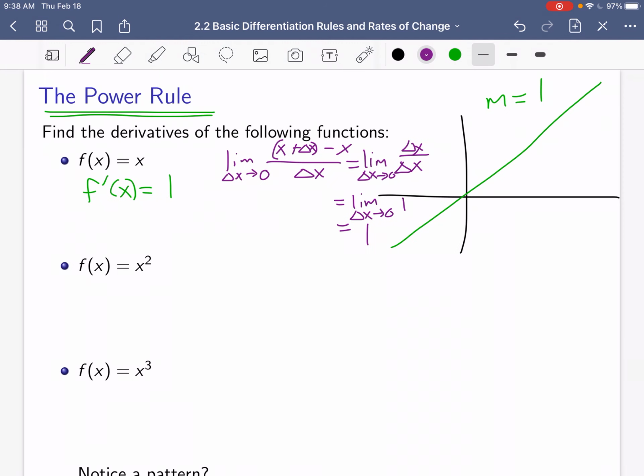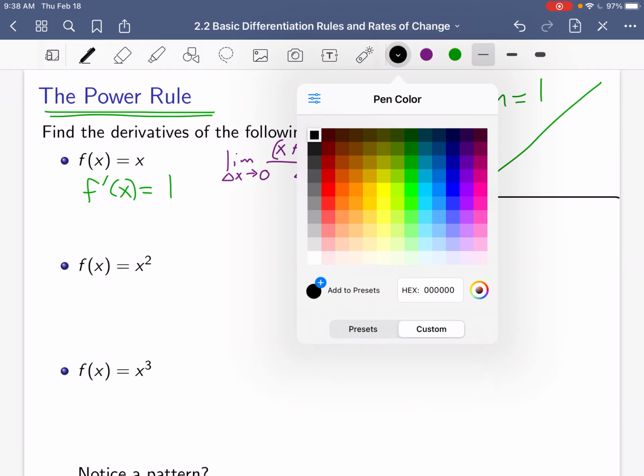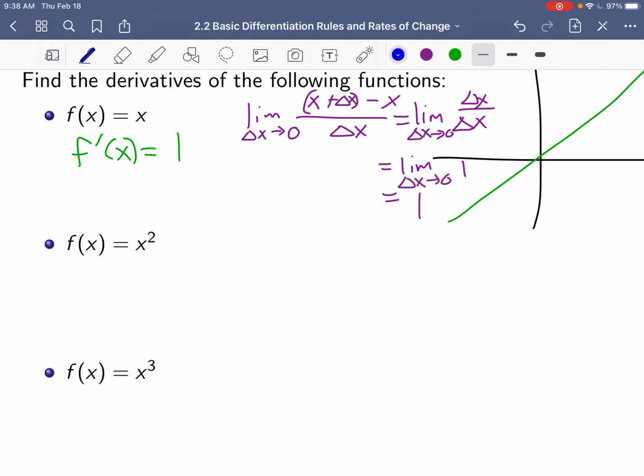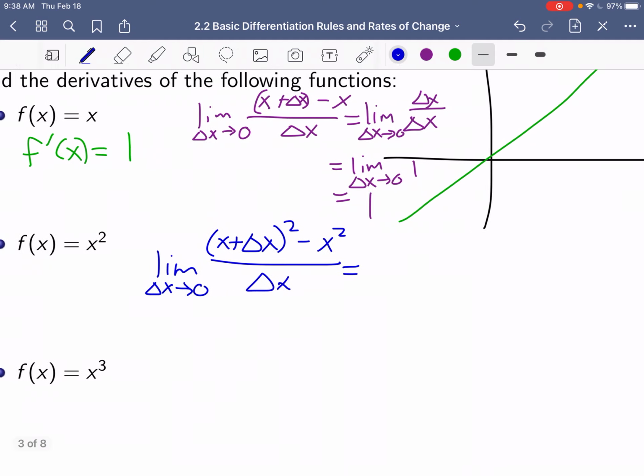What if our function is x squared? If our function is x squared, if we were to roll through this and take our limit, our derivative using the limit definition, we would have x plus delta x squared minus x squared all over delta x.